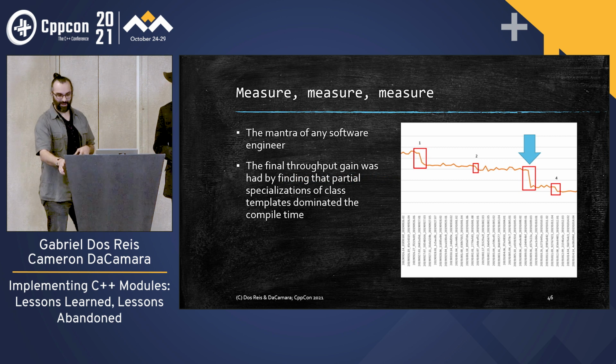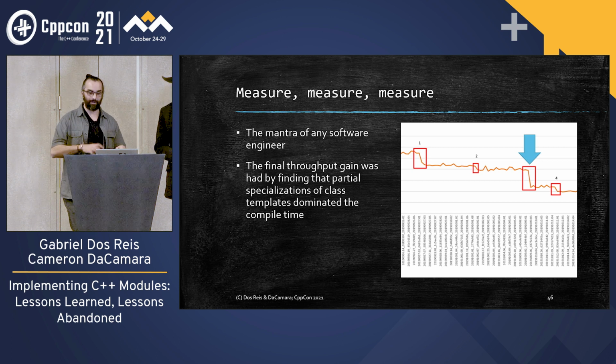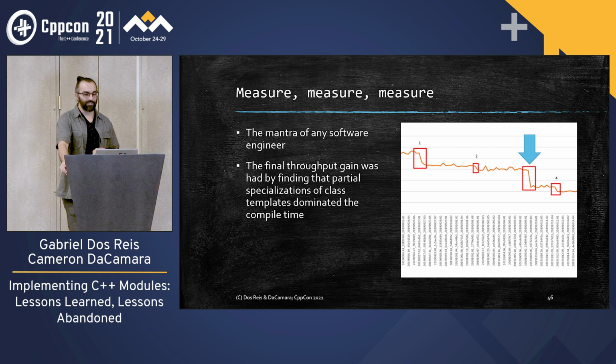Right, so this is the mantra of every performance benchmark or anybody who's working on performance in an application. You've got to measure everything all the time. And after we measured one last time, we found that it was partial specializations this time. The previous optimization I talked about was only applied to explicit specialization because that mapping was obvious.